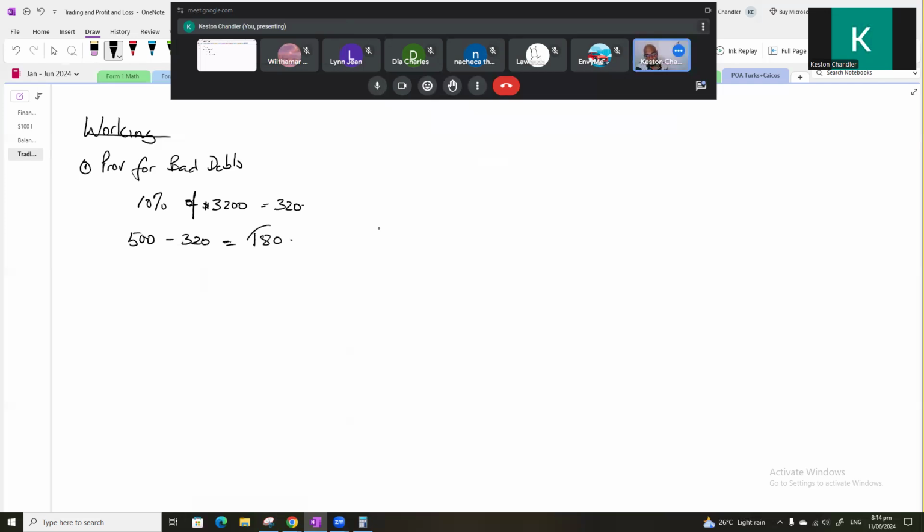So this we have to add, since it's a reduction, to our gross profit, and gross income means the same thing, right? So don't let them confuse you. Everybody understand why we added? It's just like the example that we started with last week. You remember that, right? Yeah, everybody good? Okay, good.